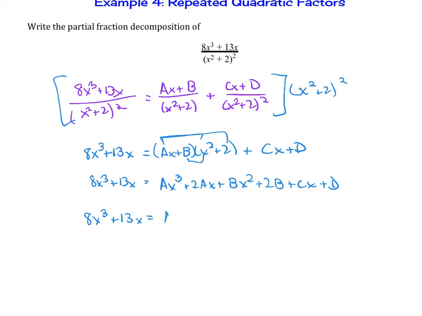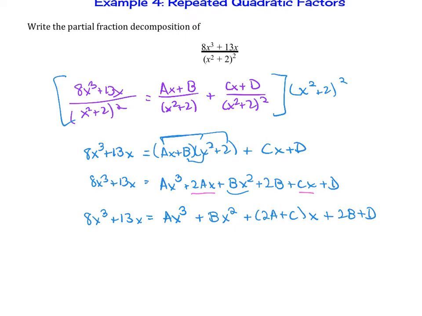So we have ax cubed plus bx squared, and then our x's, we have two of them. So this is going to be plus (2a plus c)x, and then last we have our 2b plus d.